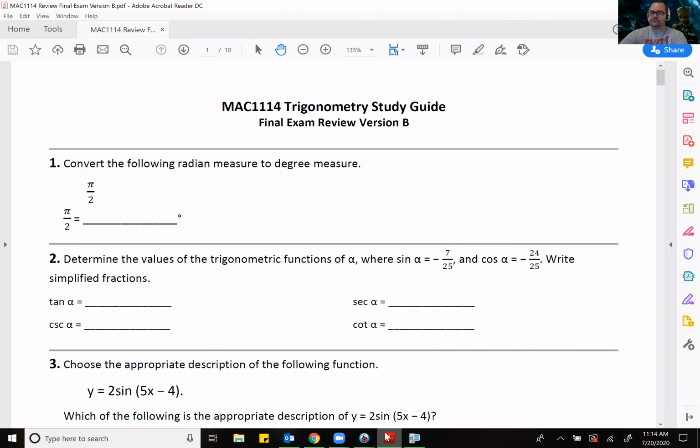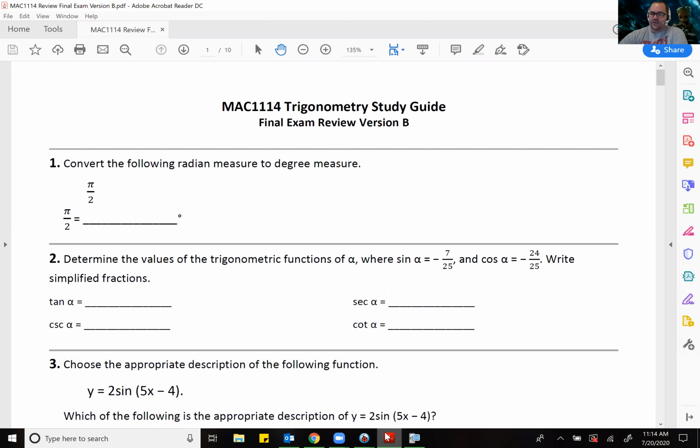Number 2, this one is coming to you live from 9.2, if I remember correctly. Let me just double check. Yes, coming to you from 9.2, it could also be 9.5, because this is where we really learned how to write those trig functions based off of what we know.